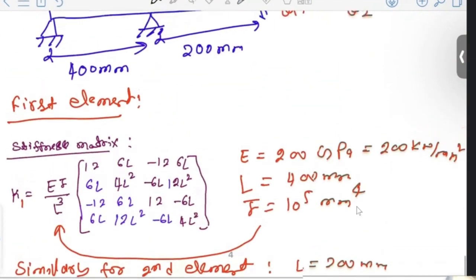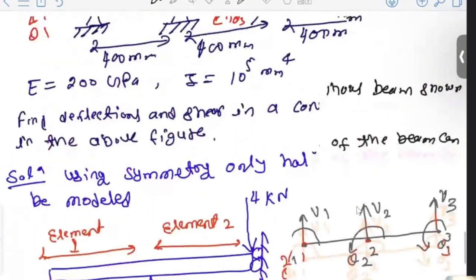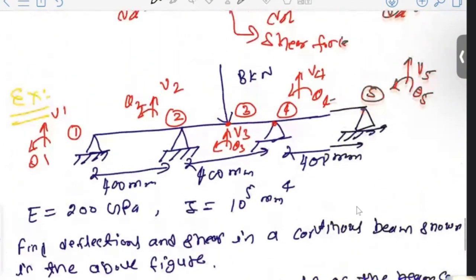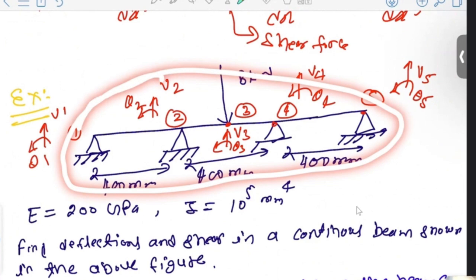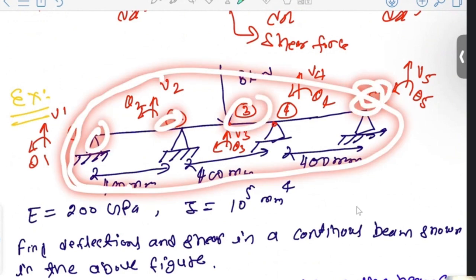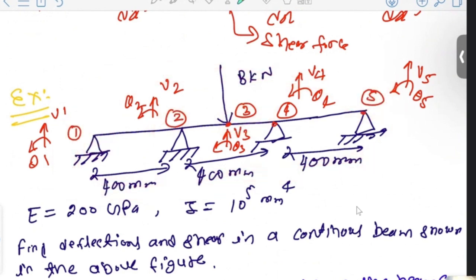I think I got disconnected. So this problem we are going to solve. I am starting this problem. This is one of the beam elements. It has a total of 1, 2, 3, 4 nodes, and each node has 2 degrees of freedom, vertical displacement and rotation.